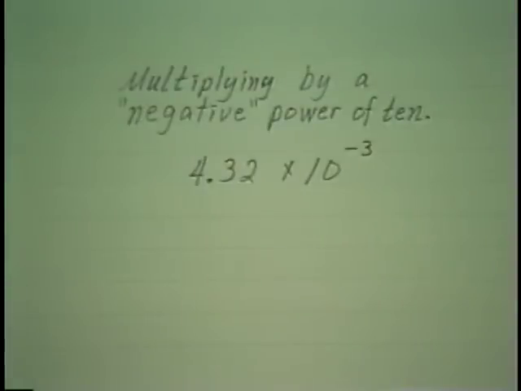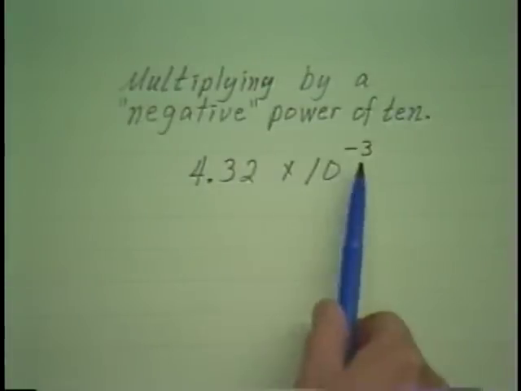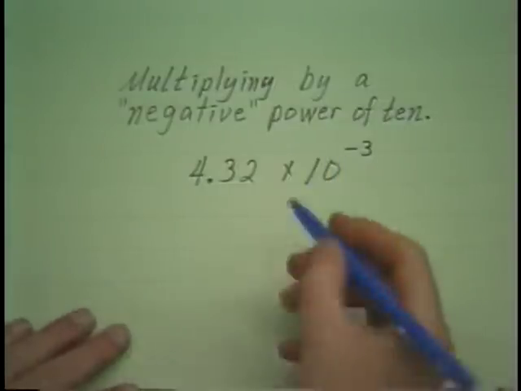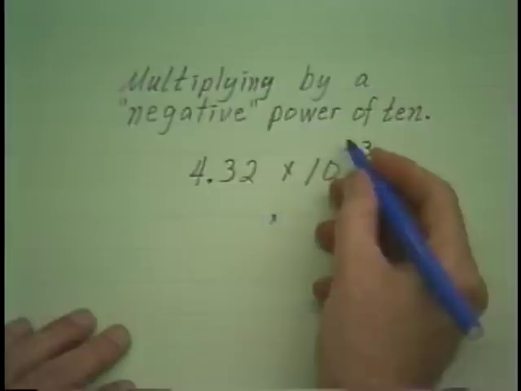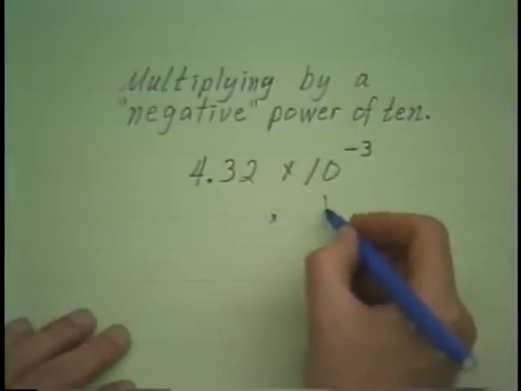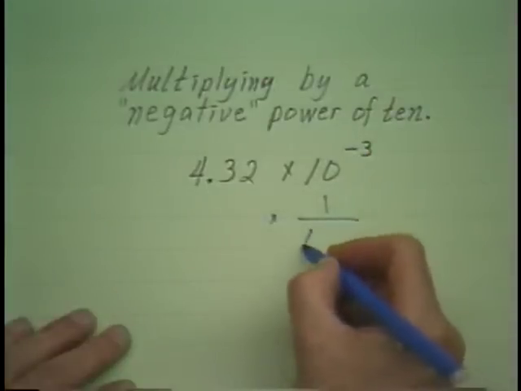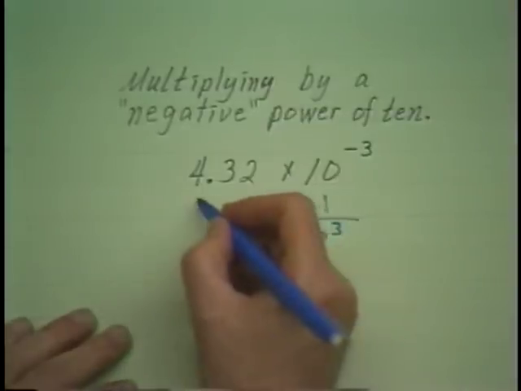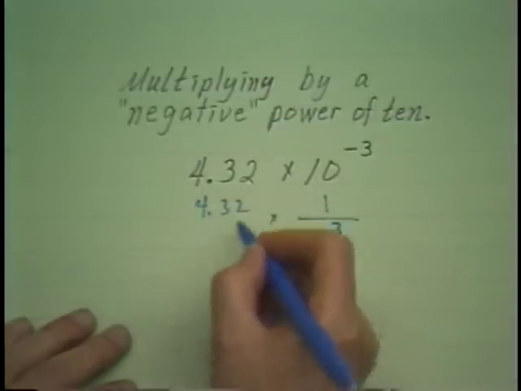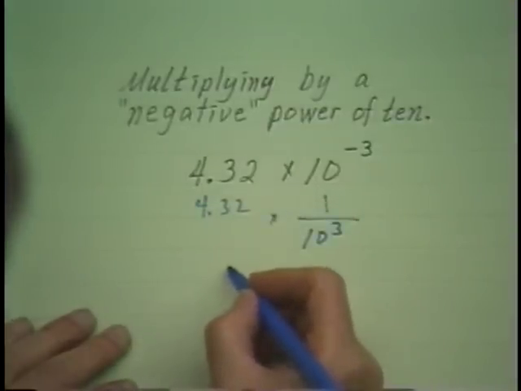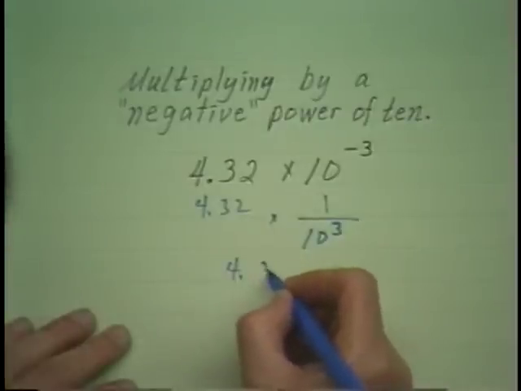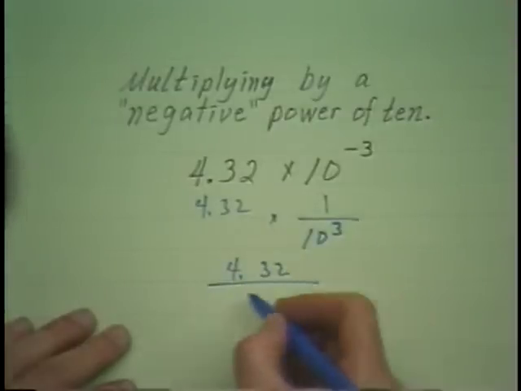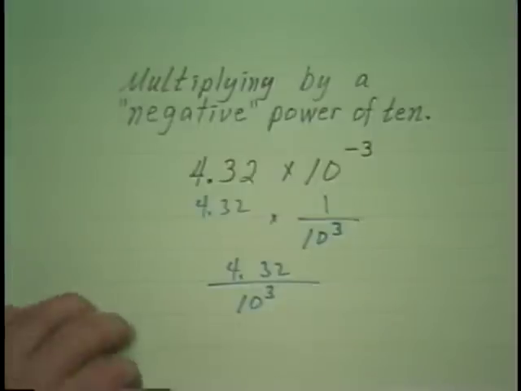What happens when we're multiplying by a negative power of 10? What we call a negative power of 10 is 1 over 10 to that power times this number. And of course I can write that now as 4.32 divided by 10 cubed.